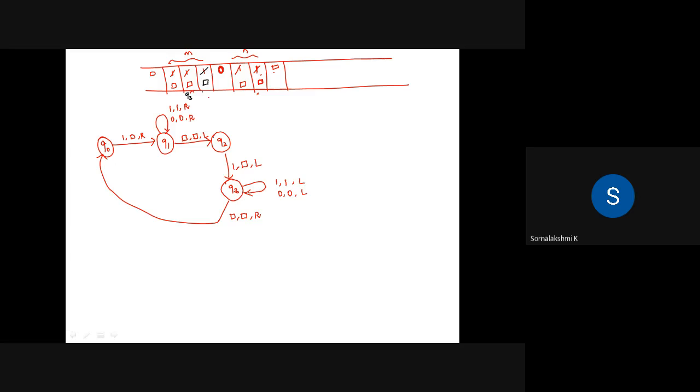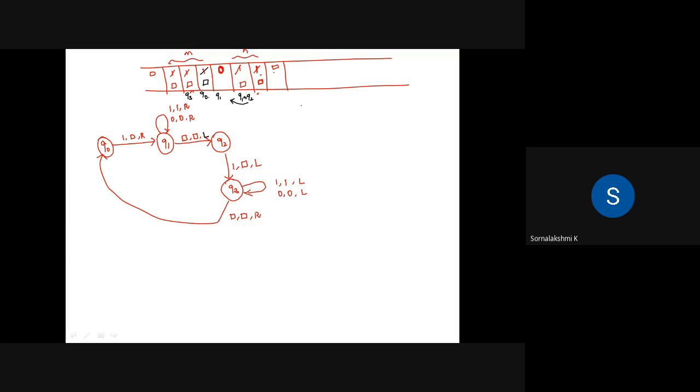When I was replacing this, I would have been in Q naught. So Q naught sees this one replaced with blank, then it proceeds further. Q1 sees the zero, ignores, doesn't do anything. Q1 sees this blank, replaces this blank with blank, goes to state Q2, and moves left.